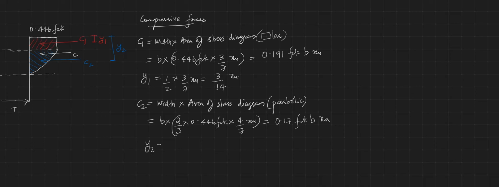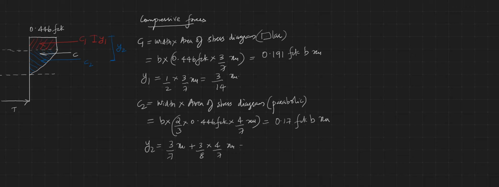You will get this y2 as 3 by 7 XU plus, because we are considering from the top. For a parabola, the y bar distance is at a distance of 3 by 8 of your 4 by 7 XU.